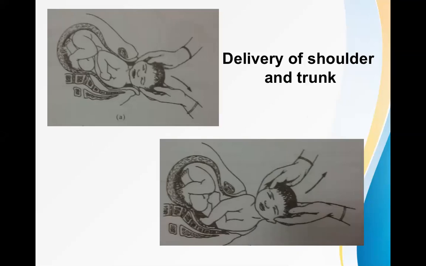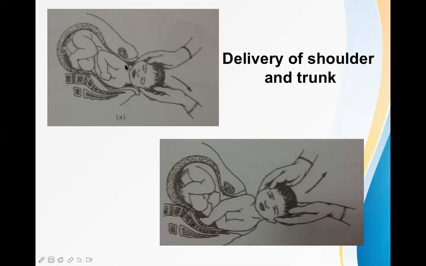Now, what is the next step then? Okay, after that, the head is delivered. The head is delivered by the extension. And after that, we should slightly help for the delivery of the shoulders.